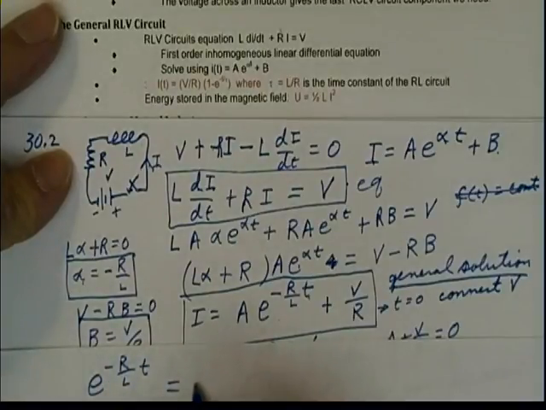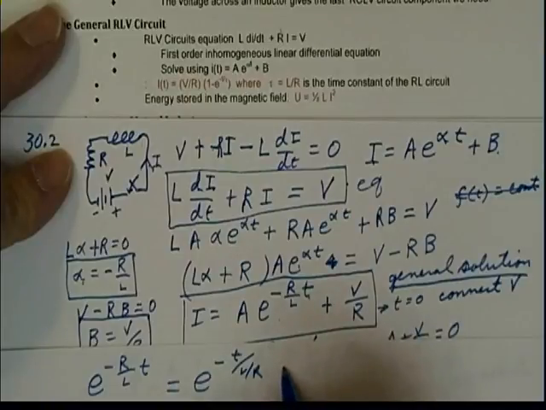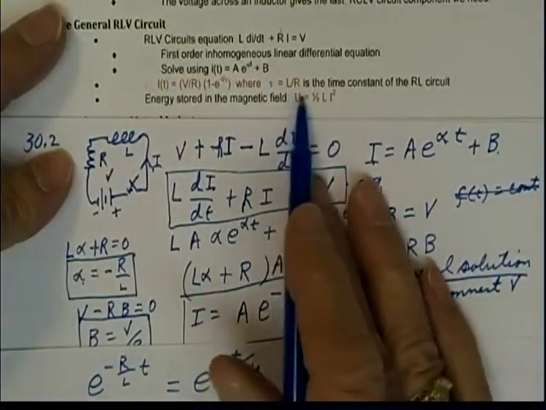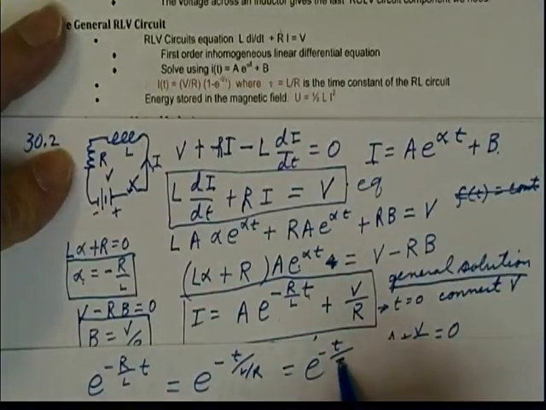That can be rewritten as e to the minus t over L over R. And this L over R can be thought of as a time constant because this is seconds, so this must be seconds. So this is equal to e to the minus t over tau. That's what I use here. And tau is equal to L over R, and it's the time constant of the circuit.